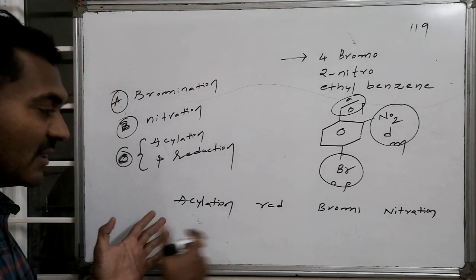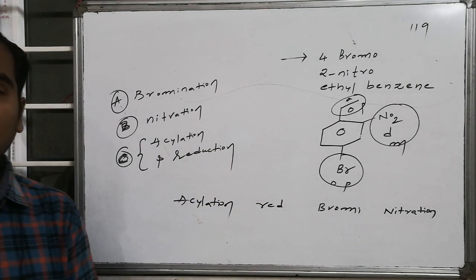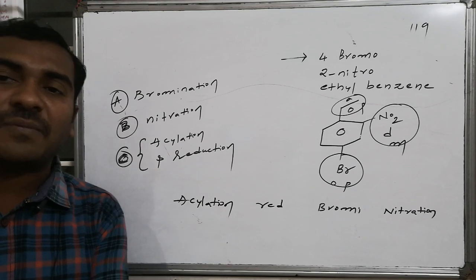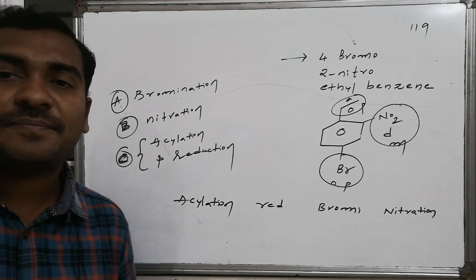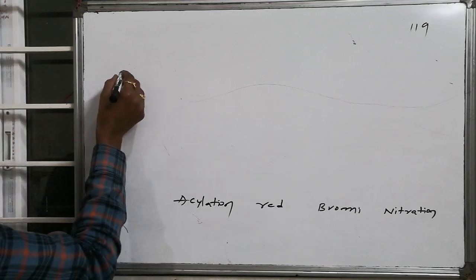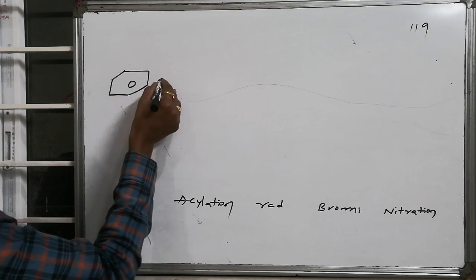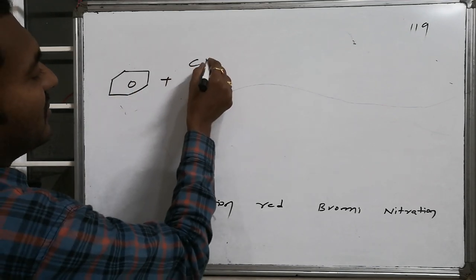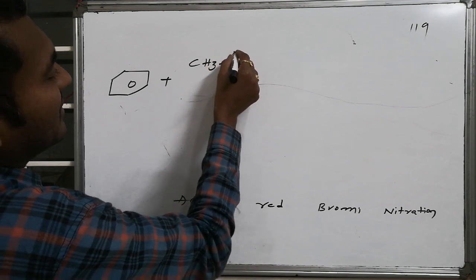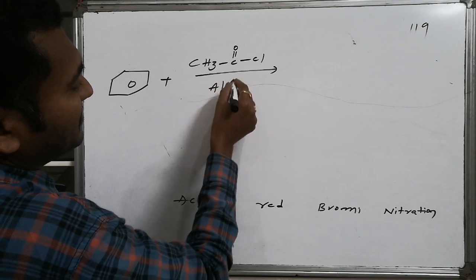If I write this sequence of reactions over benzene, with the products and intermediates formed in the middle of the transformation, let us take the starting material benzene. This benzene is allowed to react with acetyl chloride, that is CH3COCl, in presence of aluminum chloride.